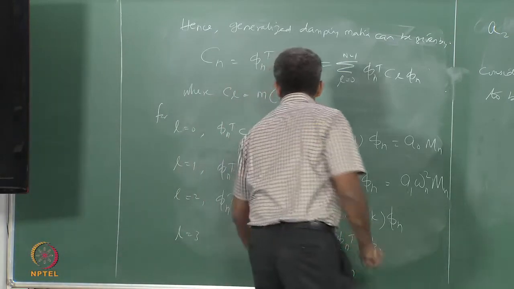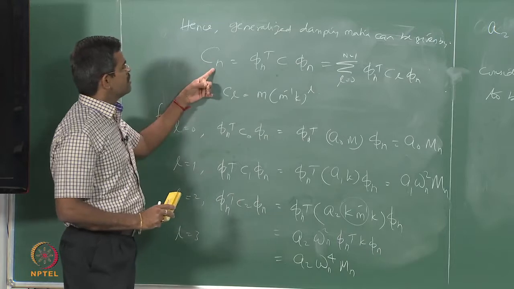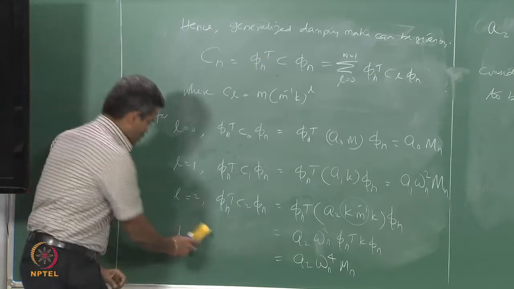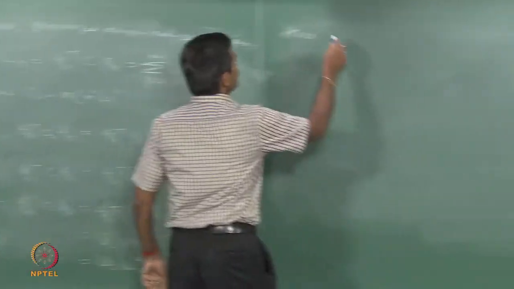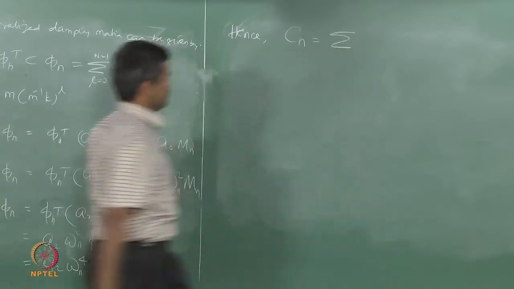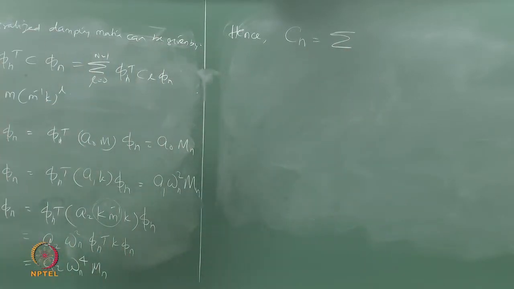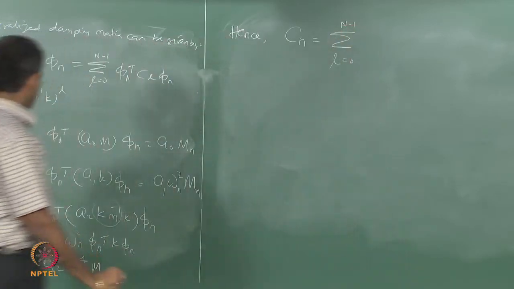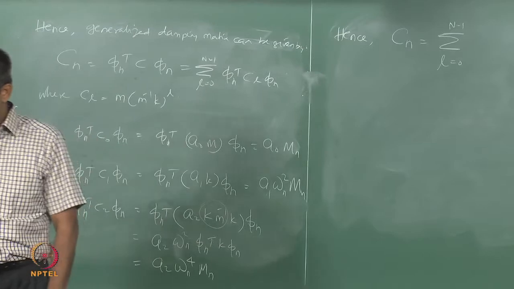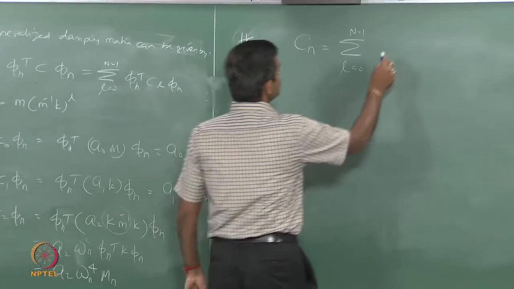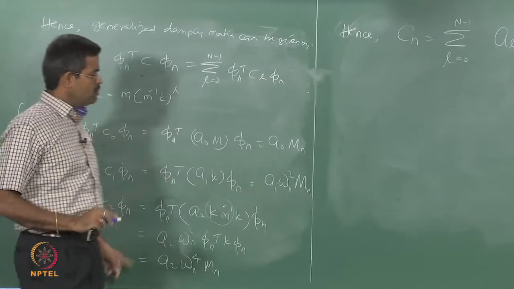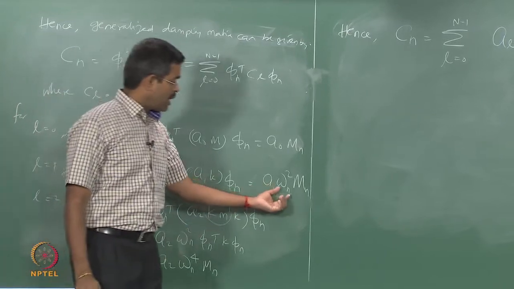Now, I can rewrite this equation, because I keep on substituting this expression for different values of L up to n minus 1. L equal to 2, 3, 4, you can keep on doing, can be written as the summation, L is equal to 0 to n minus 1, of AL, because for L0, L1, L2 you keep on getting A0, A1, A2, with a multiplier of omega n to the power of 2L.